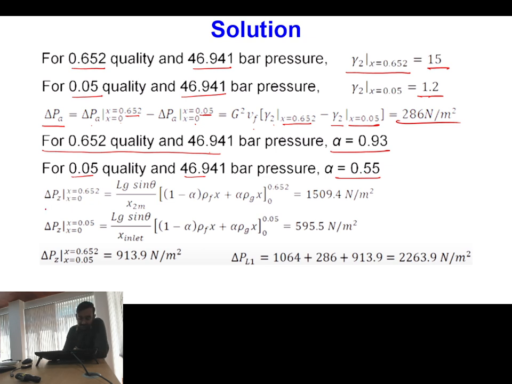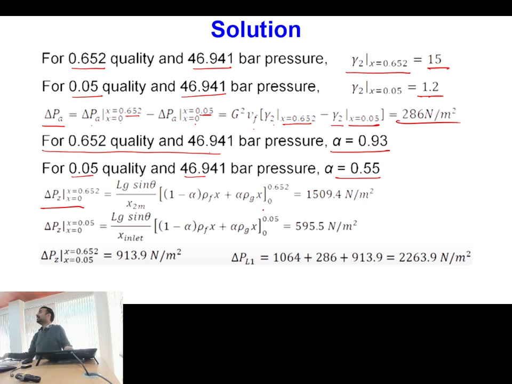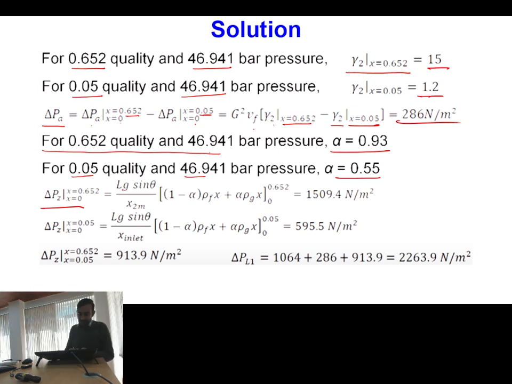Now after integration, you have to replace z in terms of x. Okay, and then you will get your final formula as Lg sin theta divided by final quality into the integral of 1 minus alpha rho f plus alpha rho g into x, and this integration is from 0 to 0.652.